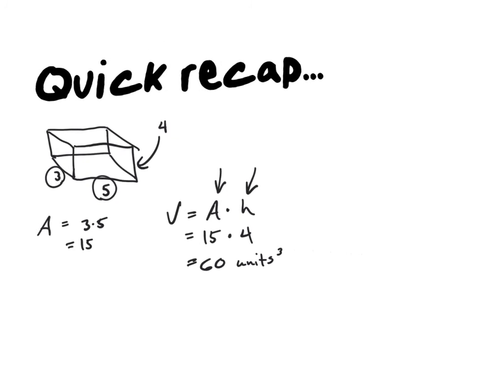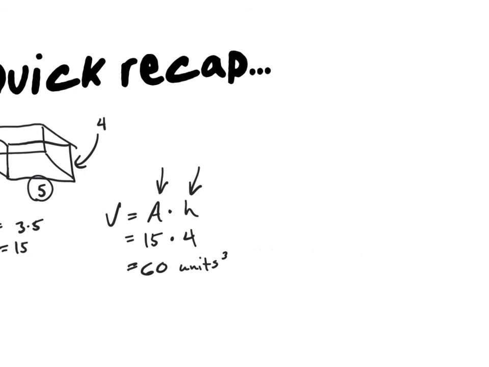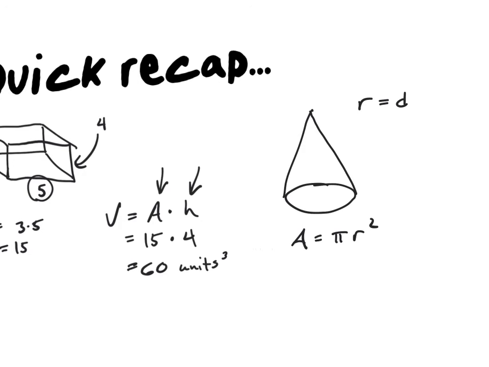Now for the shapes that are a little bit more difficult, like the cone, we have to first find the area of the circle, which is pi r squared. And remember, r is when you take the diameter and divide it by 2. So if this one has a diameter all the way across, and let's say that diameter is 10, then that means r must be 5, right?